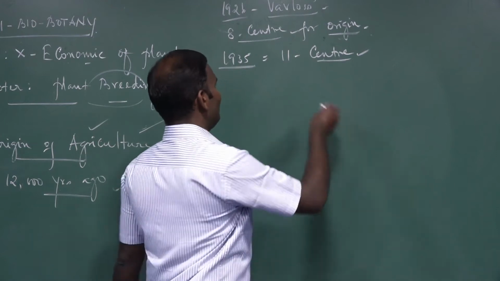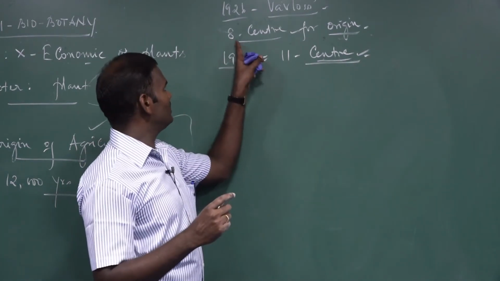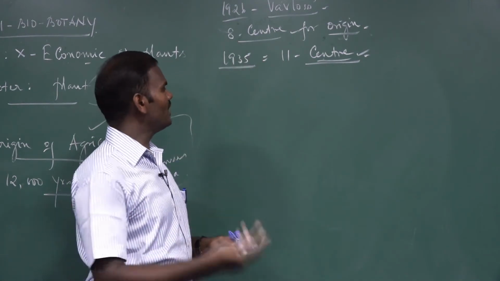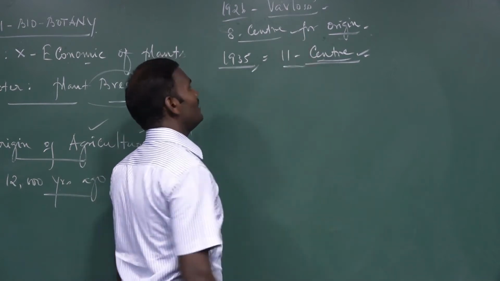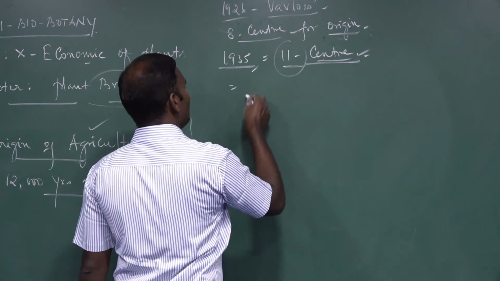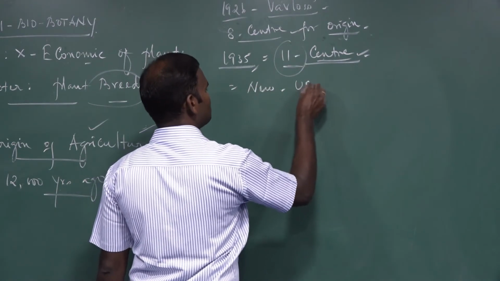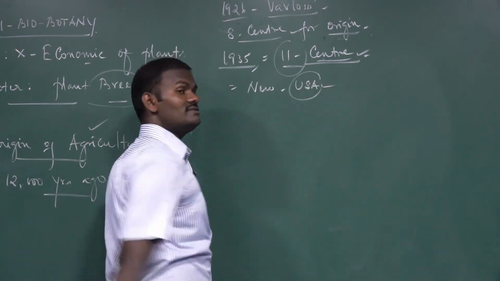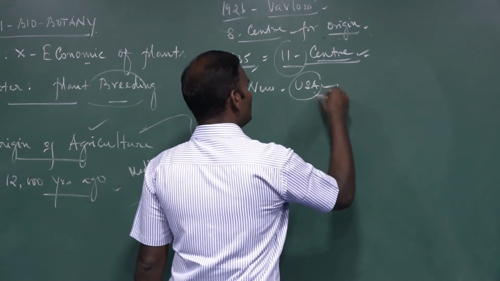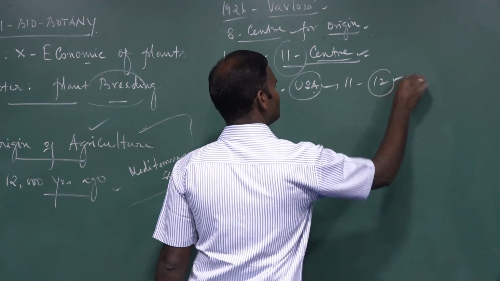How did he make 11 centers? A few of these 8 centers were further divided into 2 or 3 more centers to make 11 centers in the year 1935. In addition to these 11 centers, another center was added, nothing but the USA, one of the mega centers for diversity of plant species. The new center, USA, makes 11 centers into 12 centers.